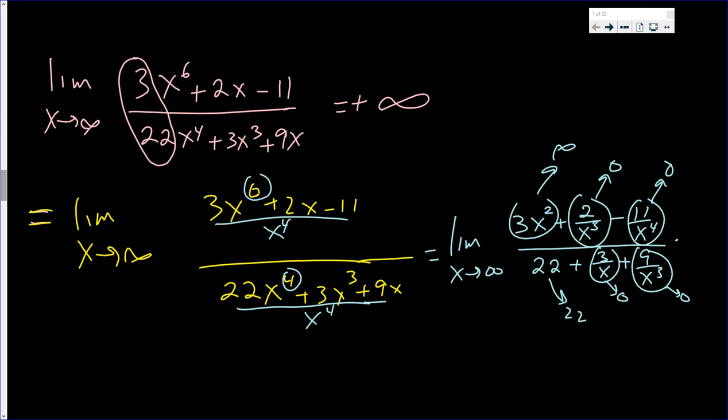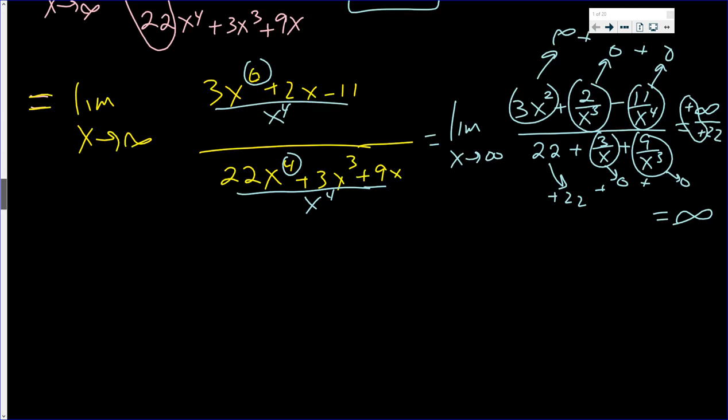The numerator is infinity plus 0 plus 0. That is infinity, positive infinity. And the bottom goes to plus 22. Since those signs are both the same, the answer is infinity, just like we said we would get.